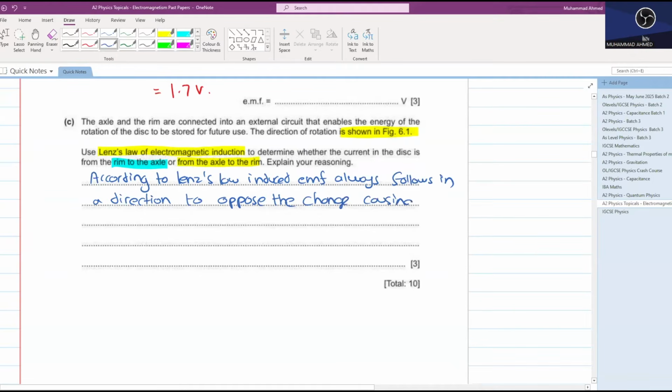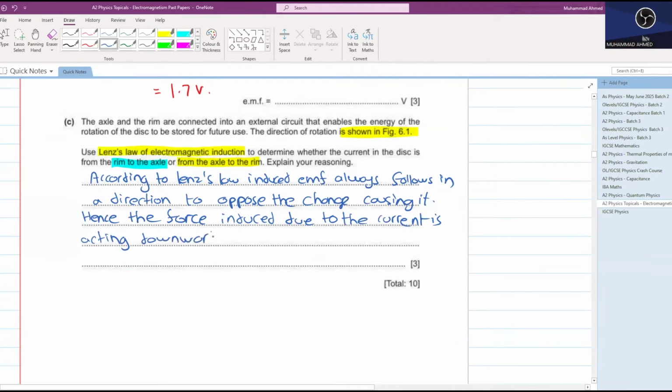Hence, the force induced due to the current is acting downwards.